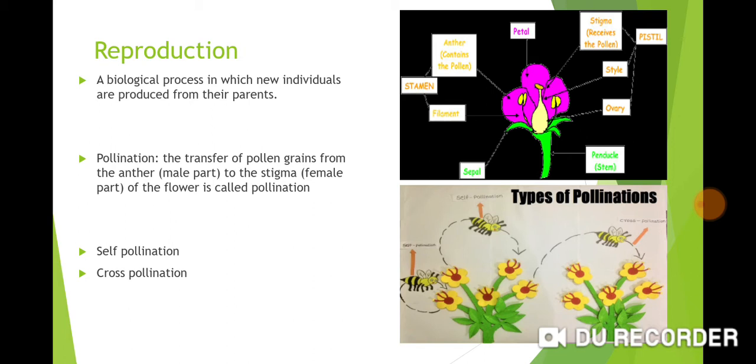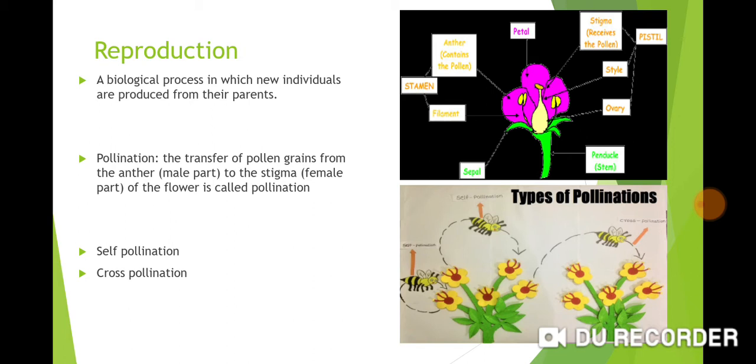Pollination is basically the transfer of grains known as pollen grains that are formed on the male part of a flower, known as the anther, to the female part of a flower, known as the stigma.